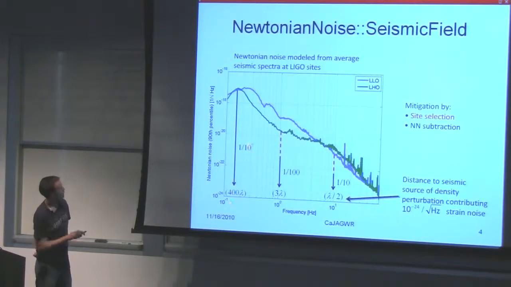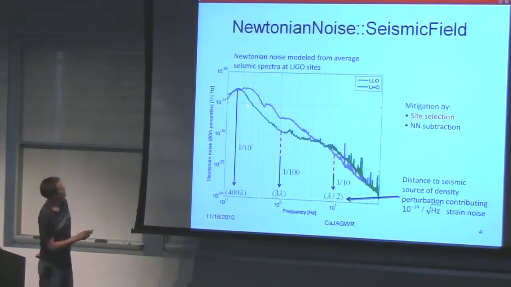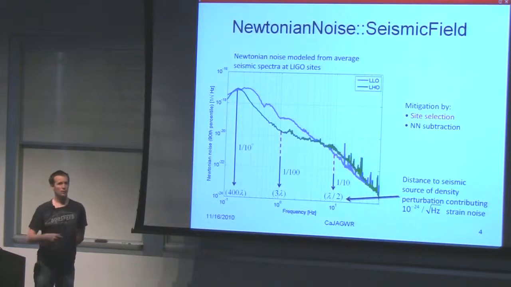And if you wanted to do something down at 0.1 Hertz, it seems to be quite impossible. First of all, you cannot really find a site which is substantially quieter than the LIGO sites at these frequencies, because this seismic noise is driven by the ocean waves, and this is essentially the same signal everywhere on the Earth.